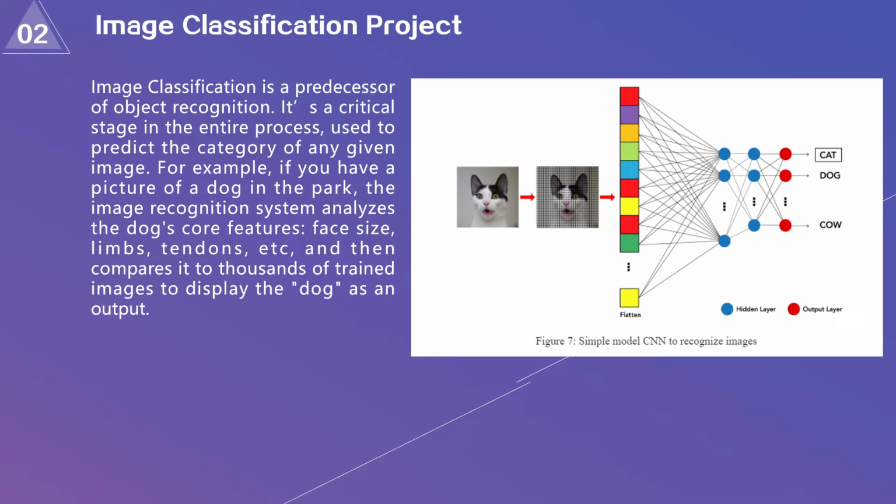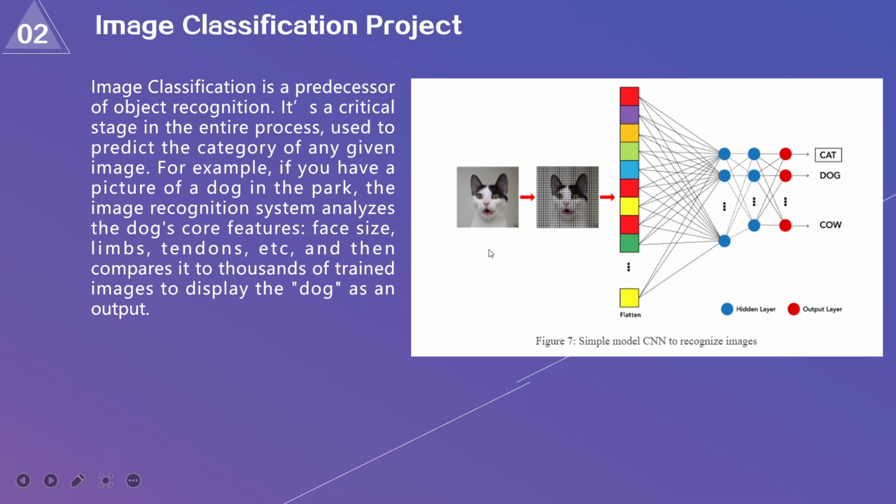For example, if you have a picture of a cat or dog, the image recognition system will analyze the dog's or cat's core features, face, size, limbs, and so on, and then compare them to thousands of trained images to display the result as a dog, a cat, or an apple.